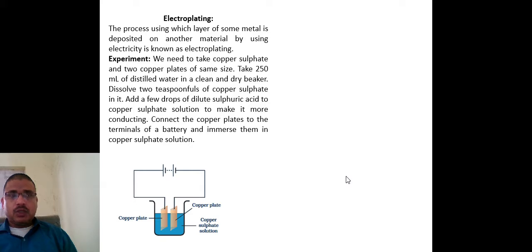As you have seen in the previous example, the oxygen is collected and deposited on the positive electrode, whereas hydrogen is collected on the negative electrode. Here the same things are going to happen by the use of the same principle.